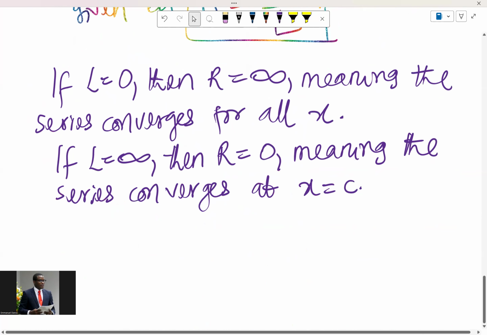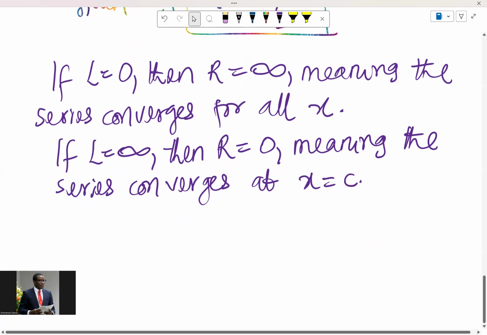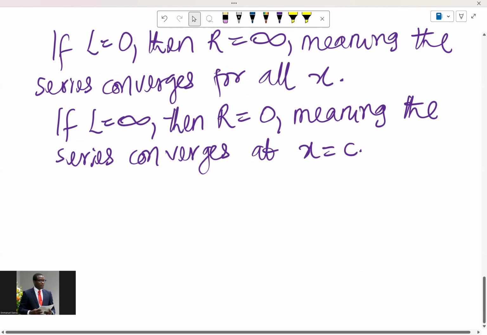So whenever you get an infinite limit, since R is 1 over the limit, that's 1 over infinity, which is 0, it means that the series converges at x equals c.